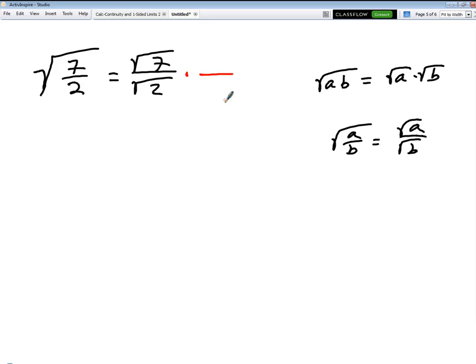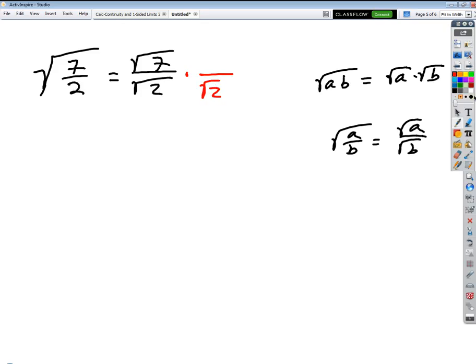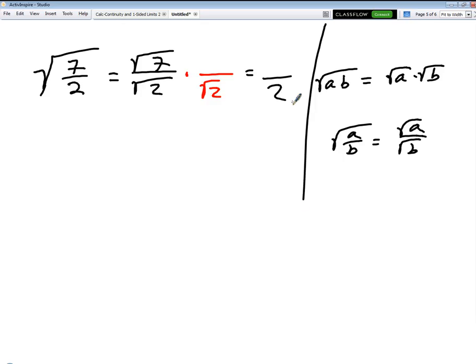The square root of 2 times what would become a non-square root? Square root of 2. Square root of 2 times square root of 2 is what? 2, right? So I need to multiply the bottom by the square root of 2 so that I get an answer on the bottom of 2, instead of square root of 2. But if I multiply the bottom by that, what do I have to multiply the top by? Square root of 2, because I can only multiply by 1.